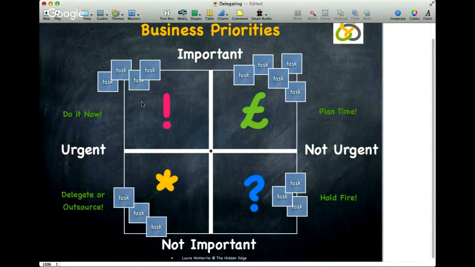Our question mark box, the one with the hold fire, well, hold fire. Don't have them in eye's view. Put them safe in a box for future plans, because those could turn into something really quite lucrative for you. So don't chuck them, but hide them away from sight at this point.